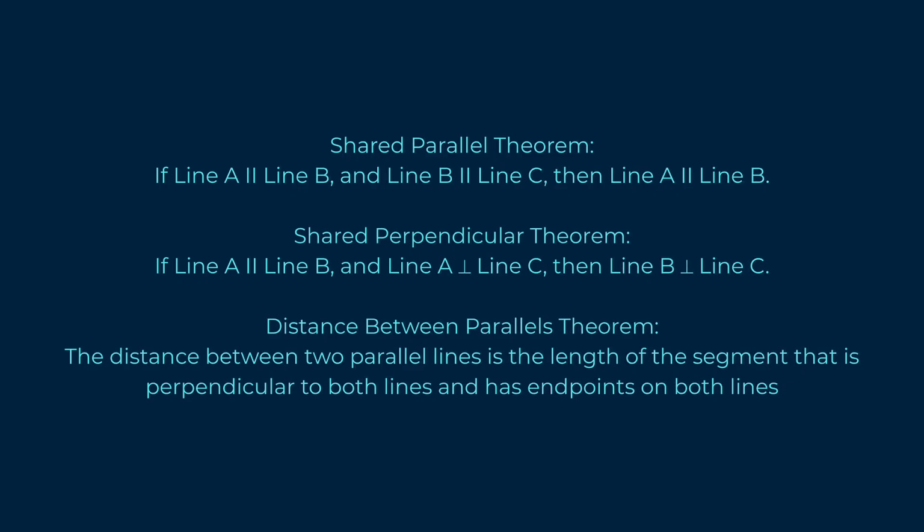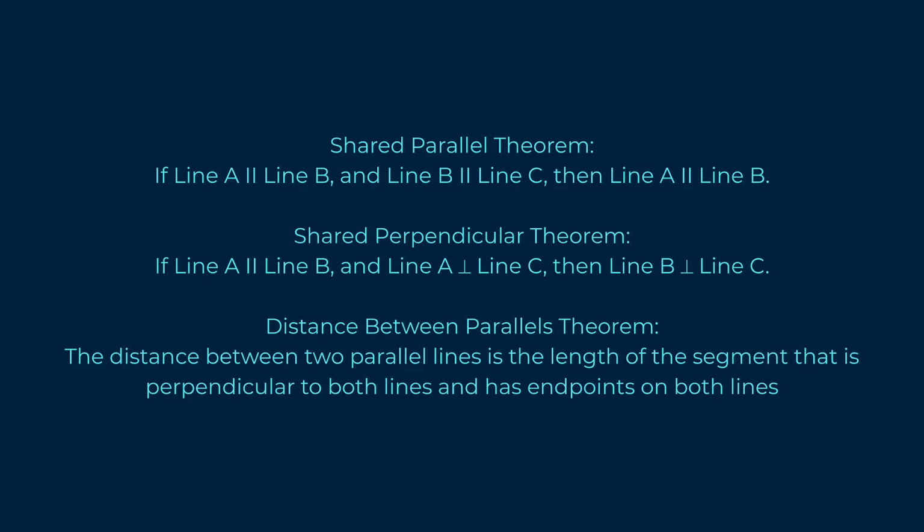But parallel lines are different since they never intersect. The distance between them is congruent to any other distance that you will measure along that line. And the distance between two parallel lines is the length of the segment that is perpendicular to both lines and has endpoints on both lines. So this is borrowed from the shared perpendicular theorem.